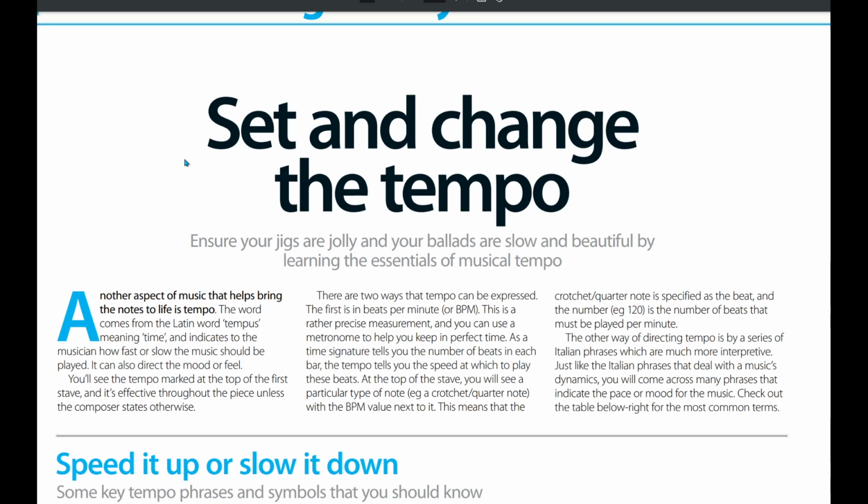This is a rather precise measurement, and you use a metronome to help you keep in perfect time. The time signature tells you the number of beats in each bar. The tempo tells you the speed at which to play these beats.